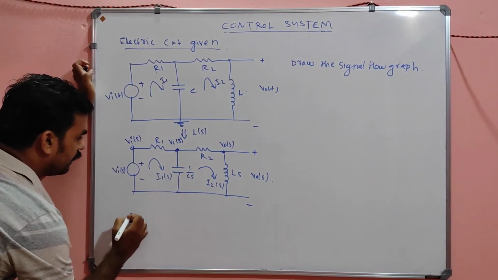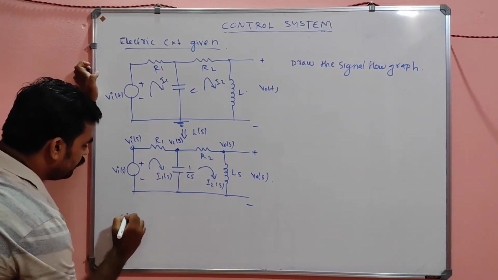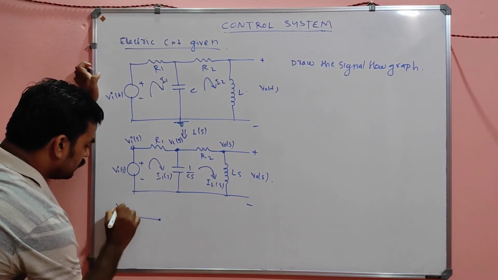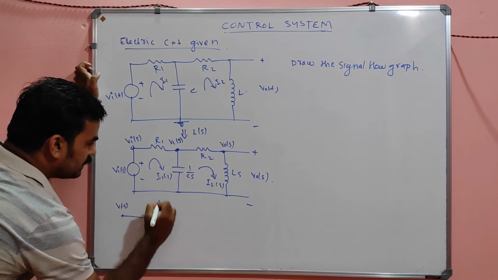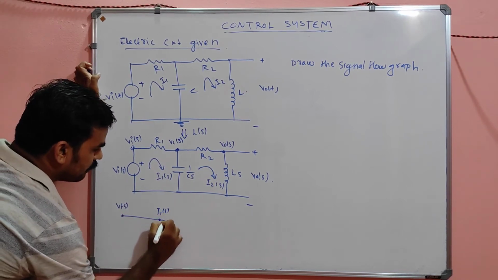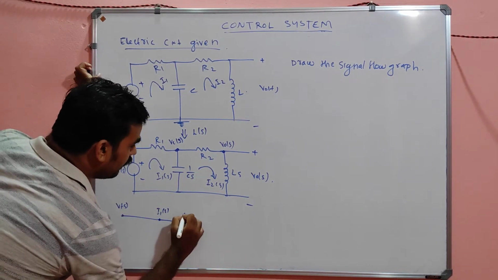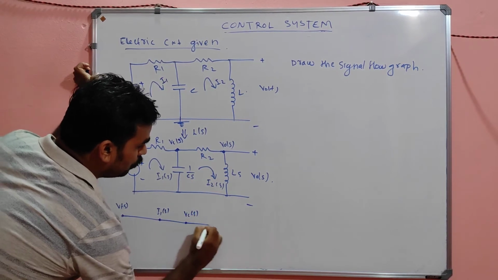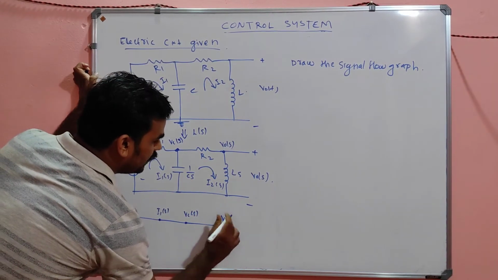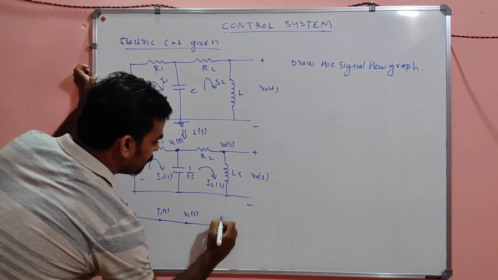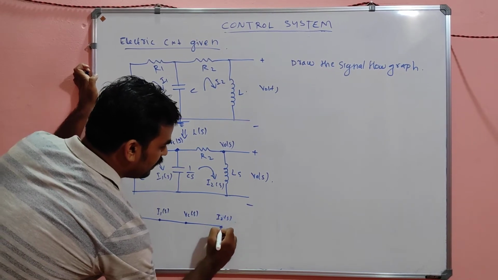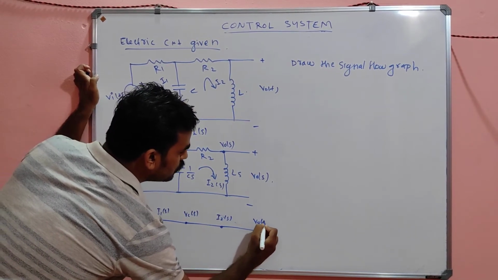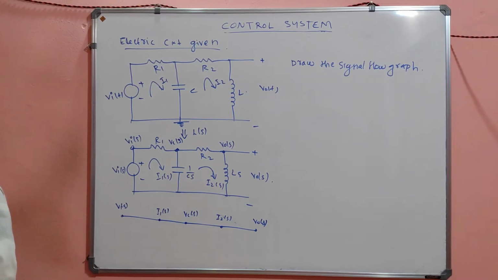The signal flow graph will be: there will be one Vi of S. Due to that, there will be an I1 of S. Due to that, there will be a Vc of S. And due to that, there will be I2 of S. And due to that, there will be V0 of S. So 1, 2, 3, 4, 5 nodes are there.